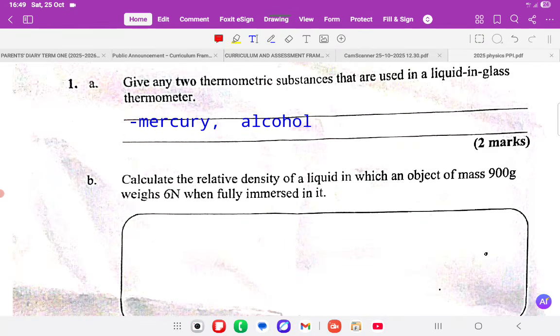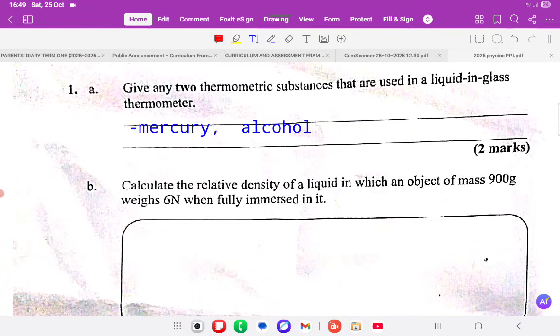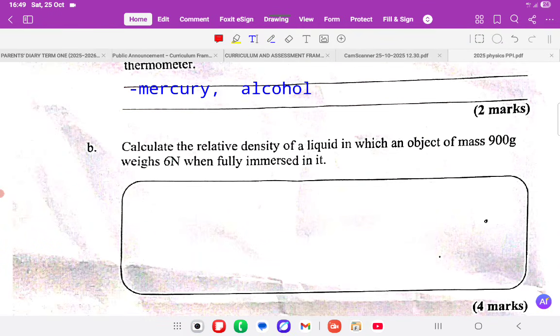Number 2, calculate the relative density.